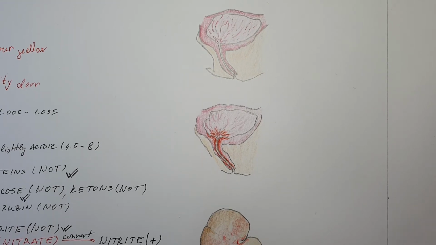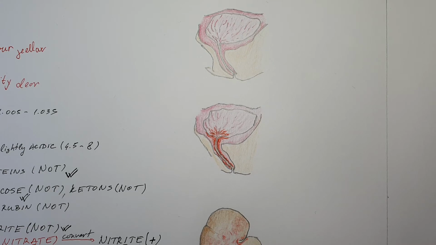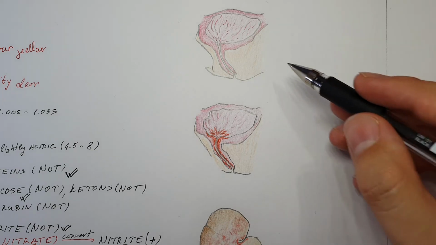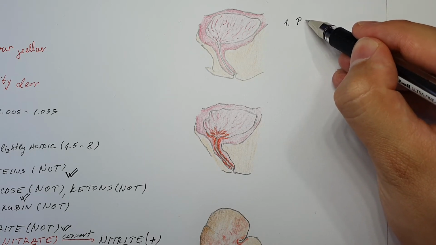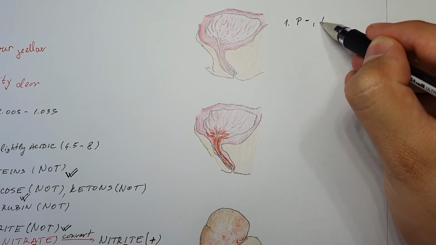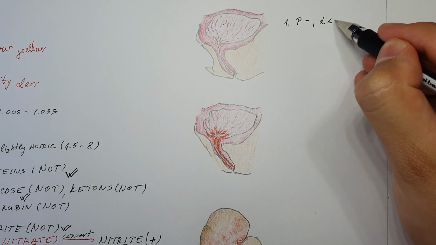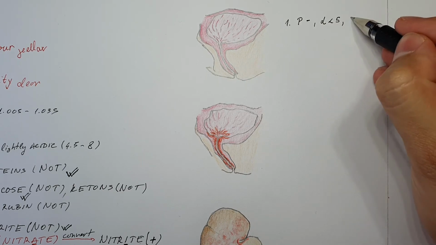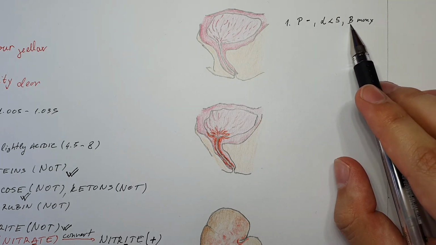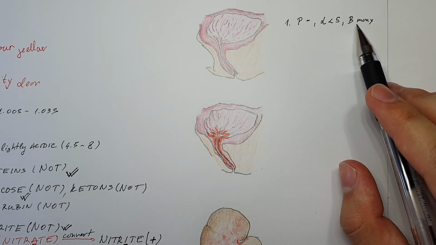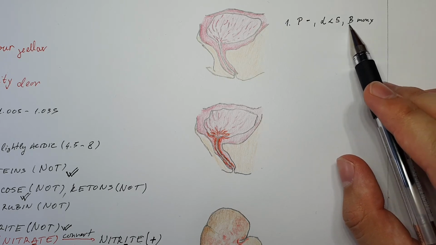So for example, if we have a case where a patient has done a routine checkup and has done a urine test, a urinalysis, and we have in his urinalysis proteins that are negative, leukocytes that are also negative, but we see that there are many bacteria. When they are describing bacteria, they say that, for example, there are many, there are a few, and so on.